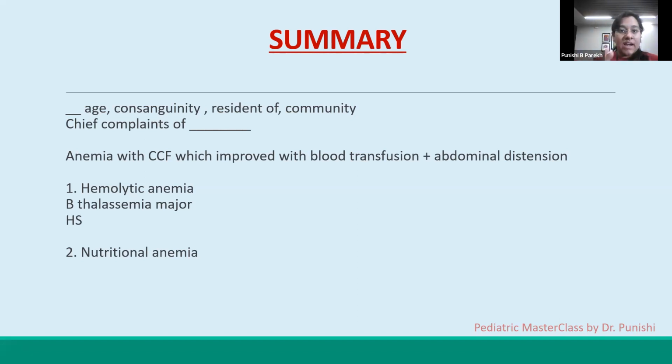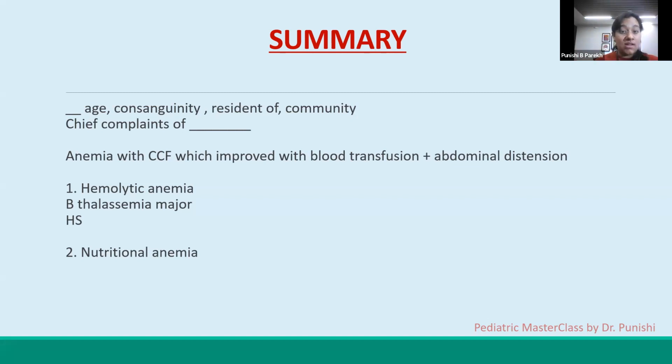More details about the diet will tell you whether or not the diet is adequate in terms of the calorie, protein, and the micronutrients. But looking at the age of presentation, at 8 months, presenting with severe anemia, with CCF, requiring blood transfusion, and abdominal distension. Abdominal distension is not something that you will commonly see in nutritional anemias. It is more commonly seen, I would say, in hemolytic anemias.